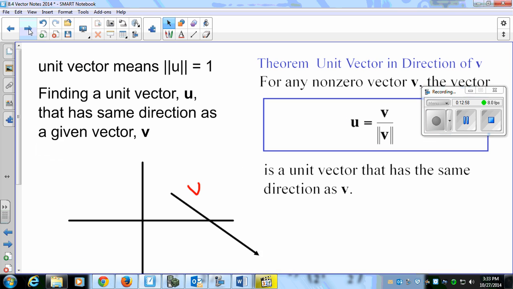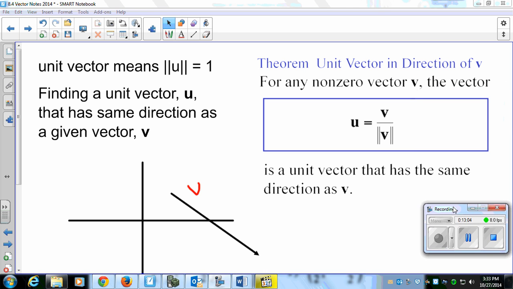All right. So the last thing we have to talk about here is the unit vector. What we want to do is find a vector in the same direction as our original vector, but just 1 unit long. And that's going to be used a lot in physics so that the magnitude is always 1.